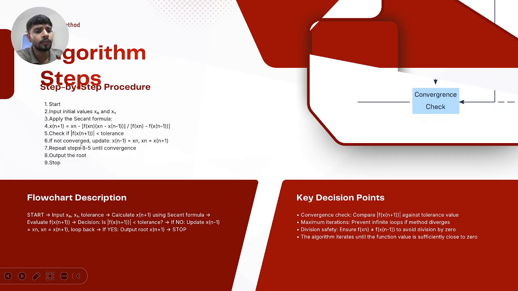If not converged, we update x and keep the values ahead. Like if we first use x0 and x1, now we will use x1 and x2, and then x2 and x3. If not converged, we update and repeat steps 3 to 5 until it converges, then output the root and stop.